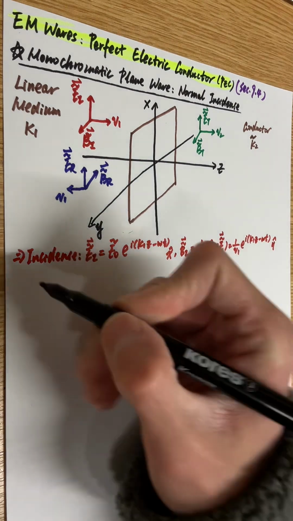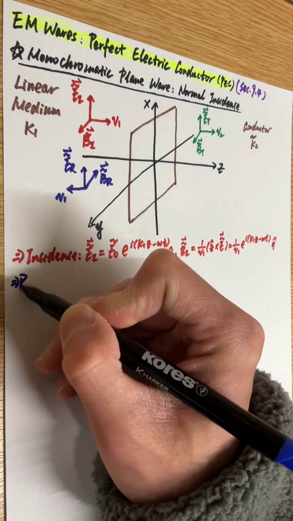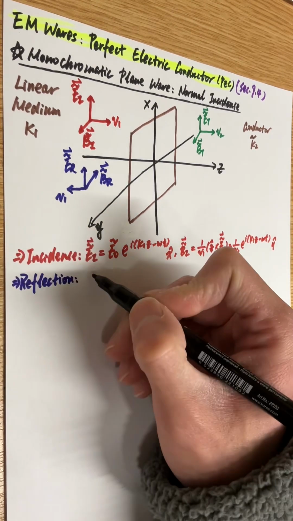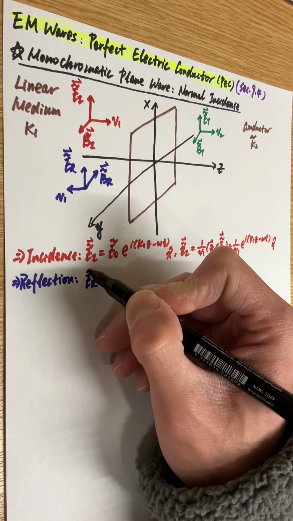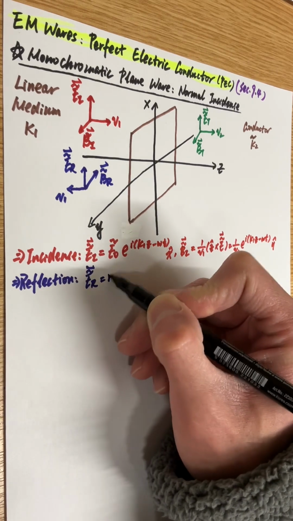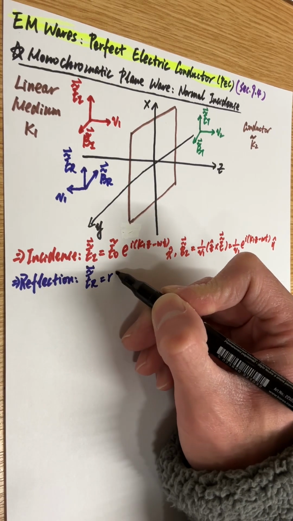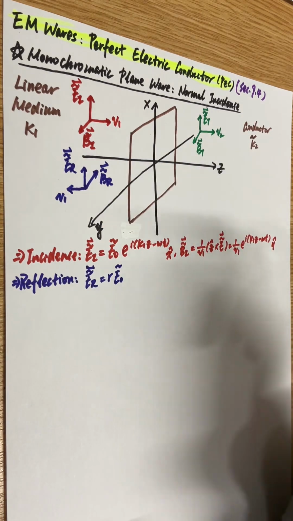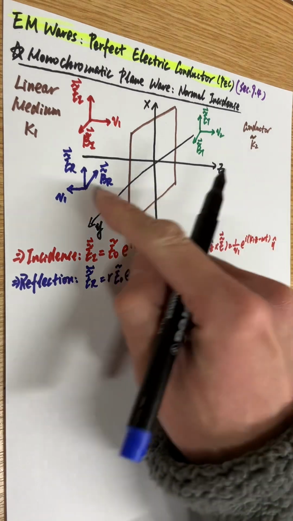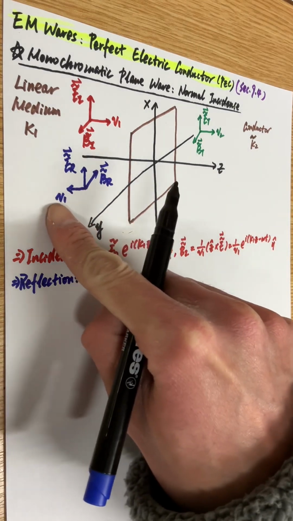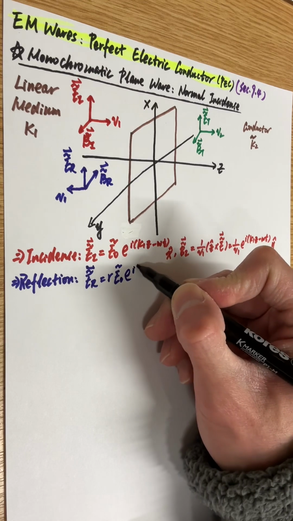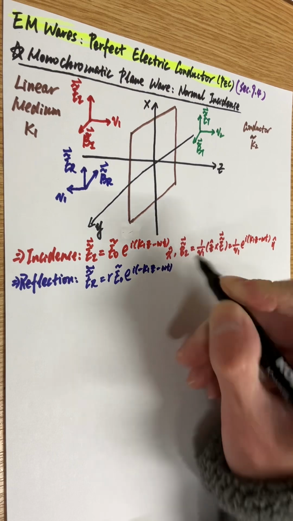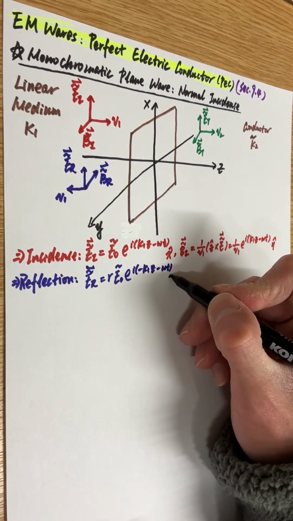And then reflection. We have E_R, and we still use a ratio R to indicate how much wave is reflected. And then we have the reflected wave propagating in the minus z direction. So we have e to the i(minus kappa 1 z minus omega t). Polarization is still the x direction.